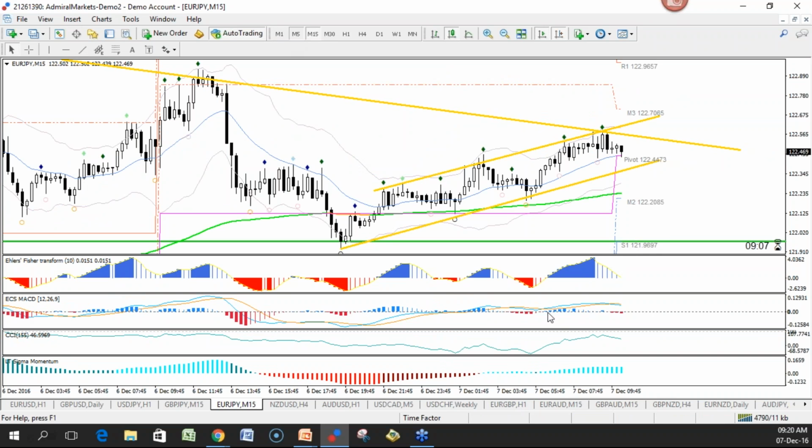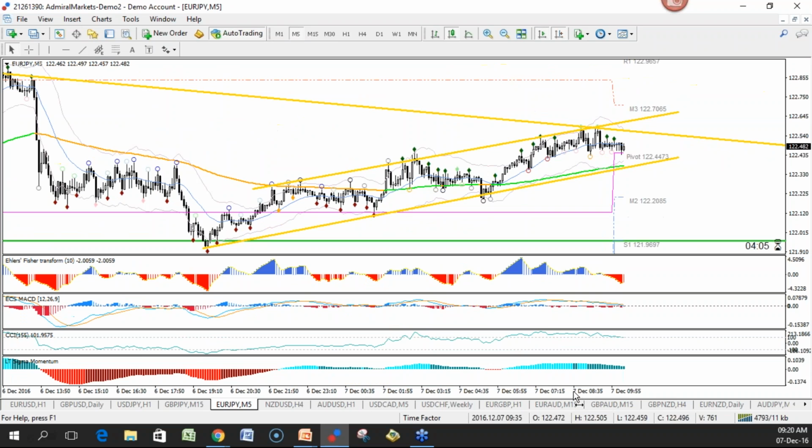I am probably going to want to see price break above the M3. Then look for a dip and then buy.